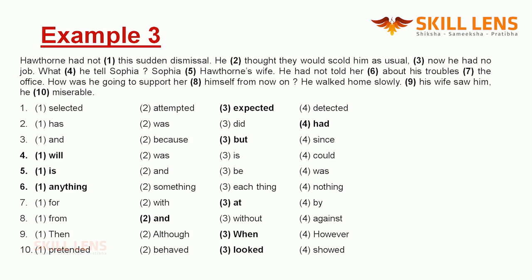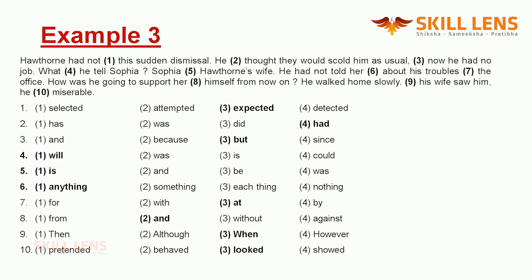He had thought they would scold him as usual. Now he had no job. When you look at the third set of choice words given to us, we understand that it must be a conjunction. All the words given to us as choices are conjunctions. You can go through our video on conjunctions for more information.